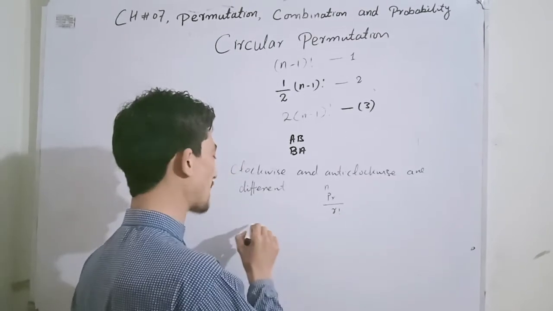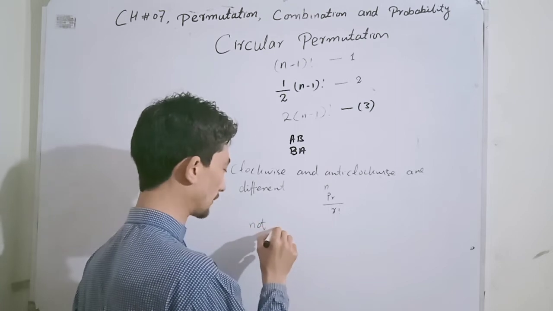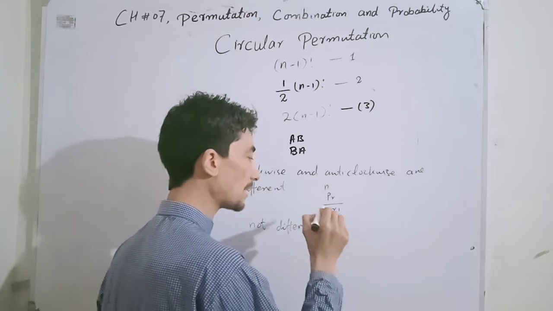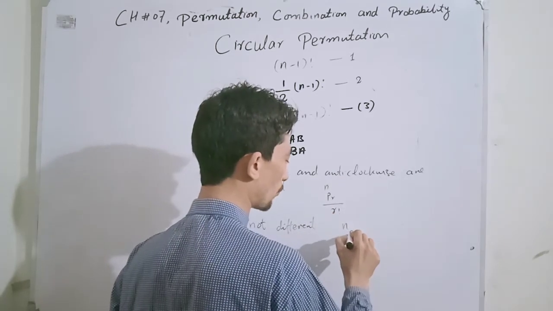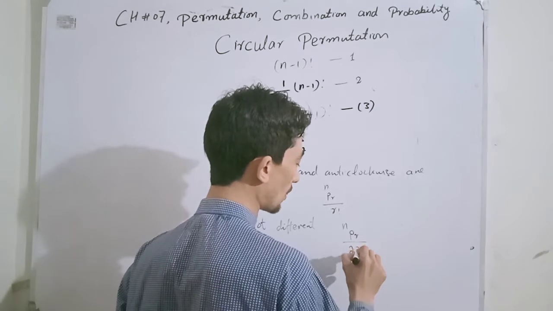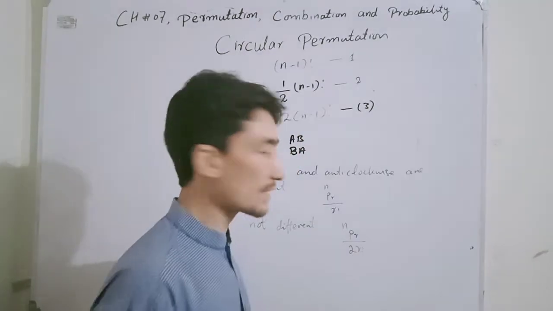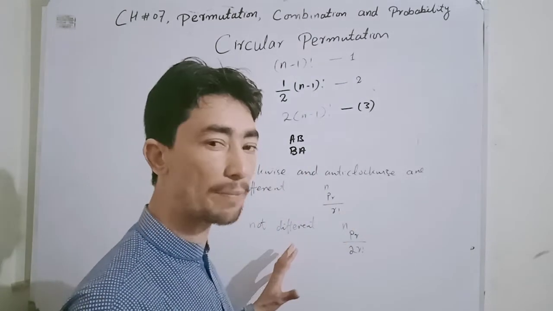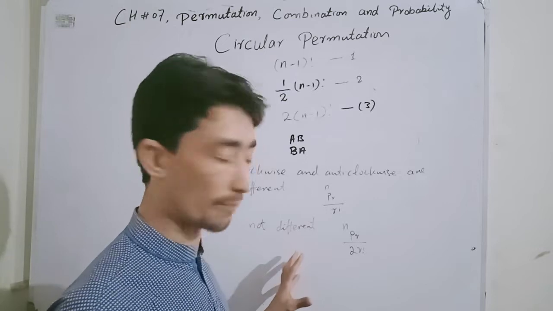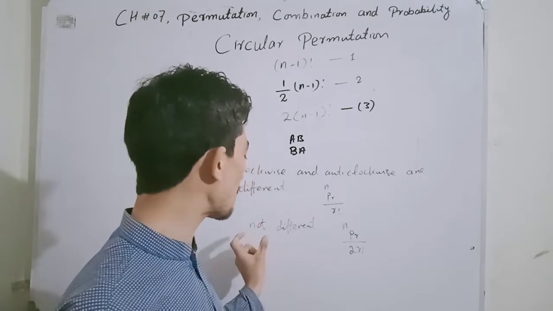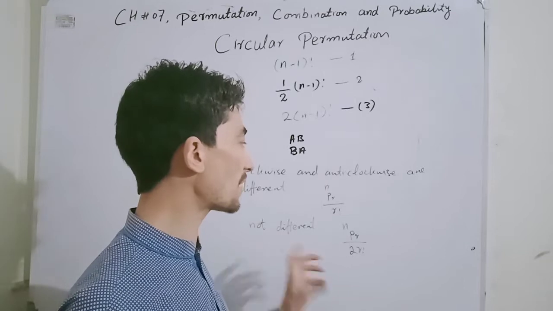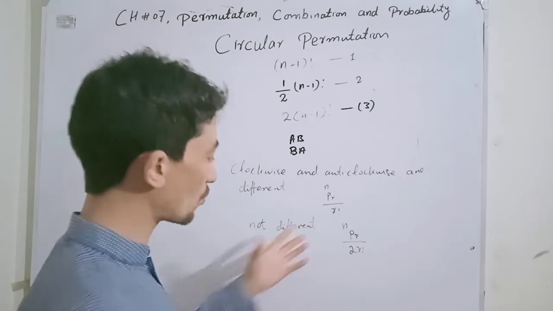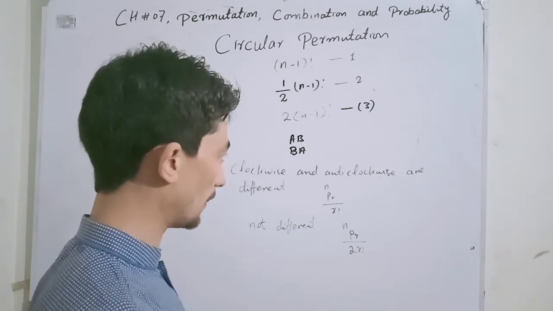If clockwise and anti-clockwise are not different, then in that case the formula is nPr divided by 2r. It is to be noted that clockwise and anti-clockwise order not being different does not mean it is necessarily the same. I am saying that it is not different. Not different means it is not necessary that the order will be same. So at that time we can use nPr divided by 2r.